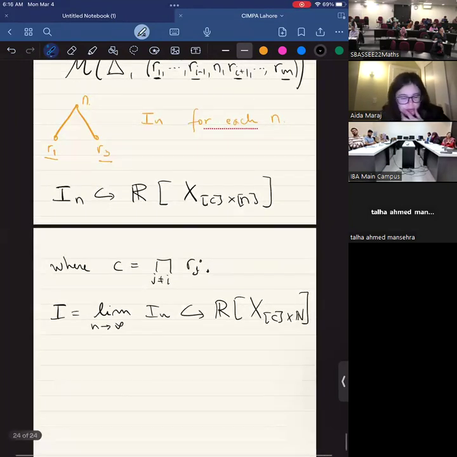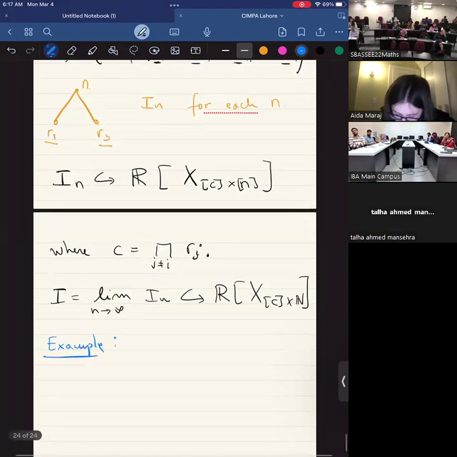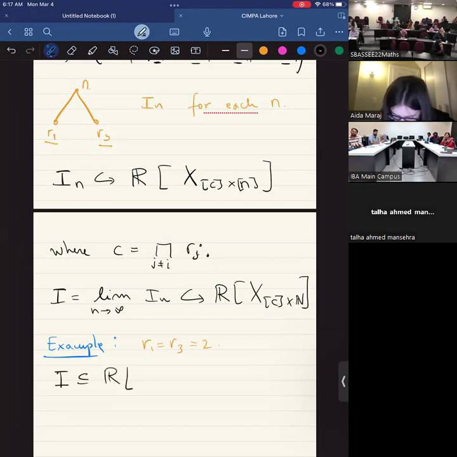To make it more obvious for our example, take R1 equal to R3 equal to 2. Then the ideal I lives in this R of X, 2 by N by 2.